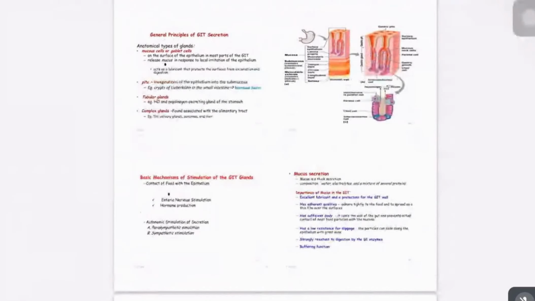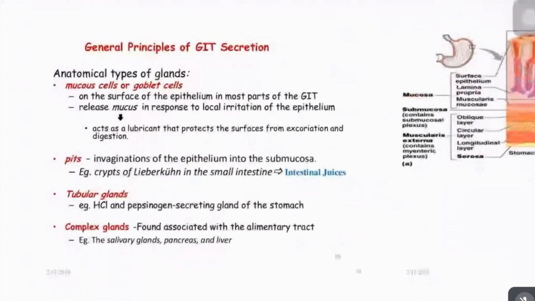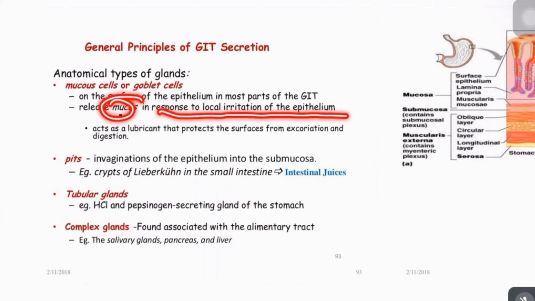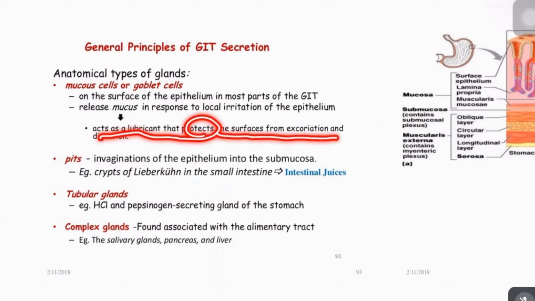Let's focus on this one. The general principles of your GIT secretions. Anatomically, types of glands. Mucous cells or goblet cells on the surface of the epithelium in most parts of the GI release mucus in response to local irritation of the epithelium and act as a lubricant that protects the surface from excoriation and digestion.